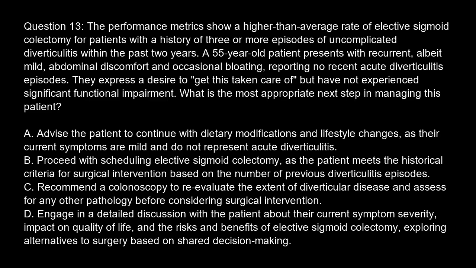Option C. Recommend a colonoscopy to reevaluate the extent of diverticular disease and assess for any other pathology before considering surgical intervention. Option D. Engage in a detailed discussion with the patient about their current symptom severity, impact on quality of life, and the risks and benefits of elective sigmoid colectomy, exploring alternatives to surgery based on shared decision-making.